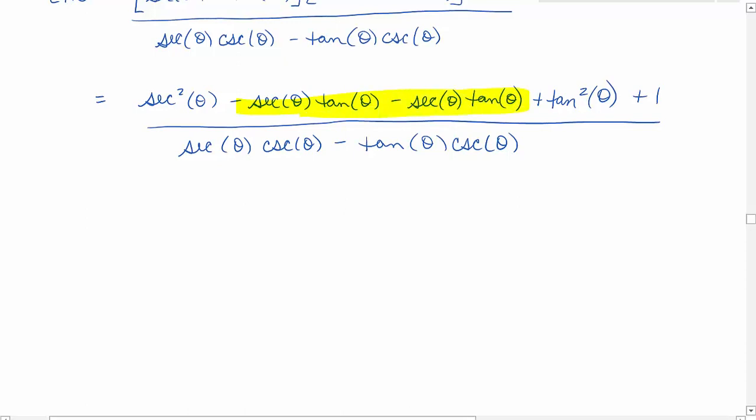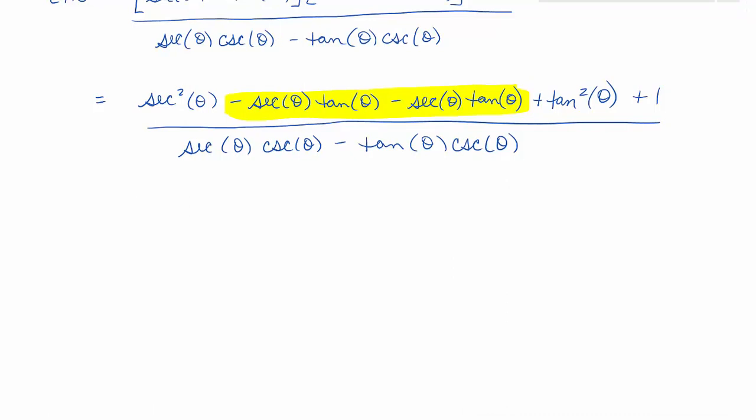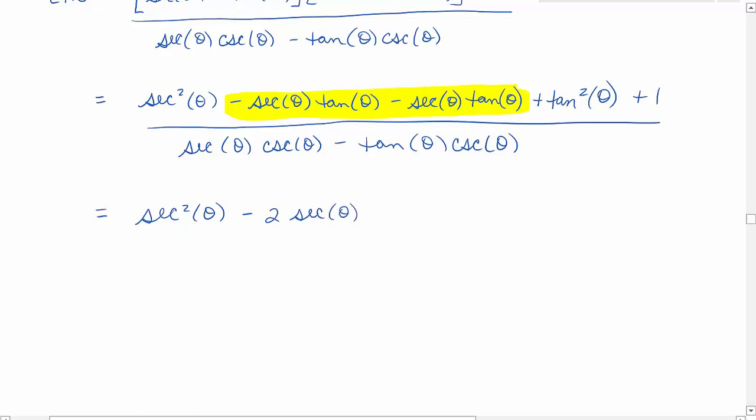We have negative secant tangent twice, so I can rewrite that as minus 2 secant tangent. And then I want to talk about this tangent squared plus 1 here.